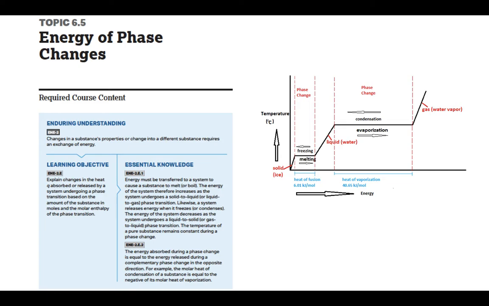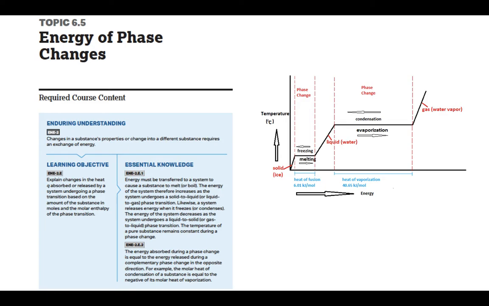When we have a flat part of this graph, we know that the energy is going in to change the bonds in between the molecules, and it is not allowed or able to change the temperature for that object. So you have two different calculations, one for the flat parts and one for the sloped parts.